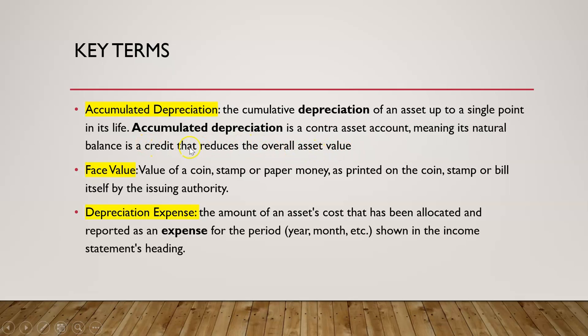The second thing we need to know is face value: the value of a coin, stamp, or paper money as printed on the coin, stamp, or bill itself by the issuing authority. Depreciation expense is the amount of an asset's cost that has been allocated and reported as an expense for the period, maybe a year or a month, and is shown in the income statement.